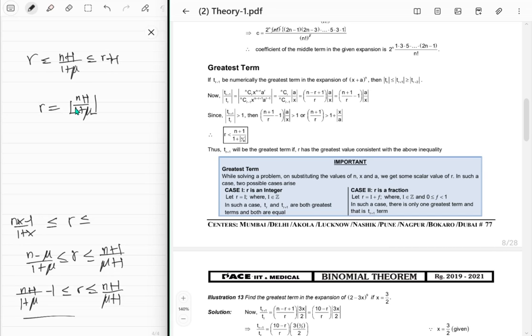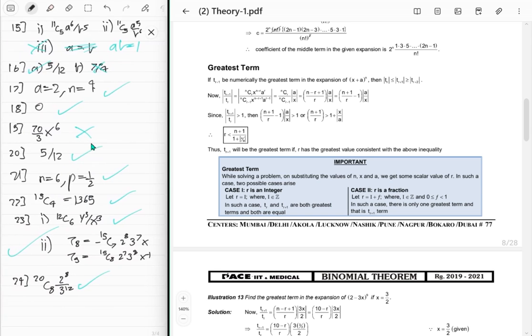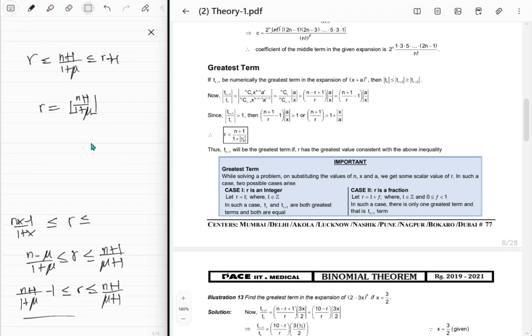That's a problematic thing. If this is somehow an integer, then you just need to do minus 1. That's how it's going to be. If this is not an integer, then you just do that. So the greatest term will be something like this.